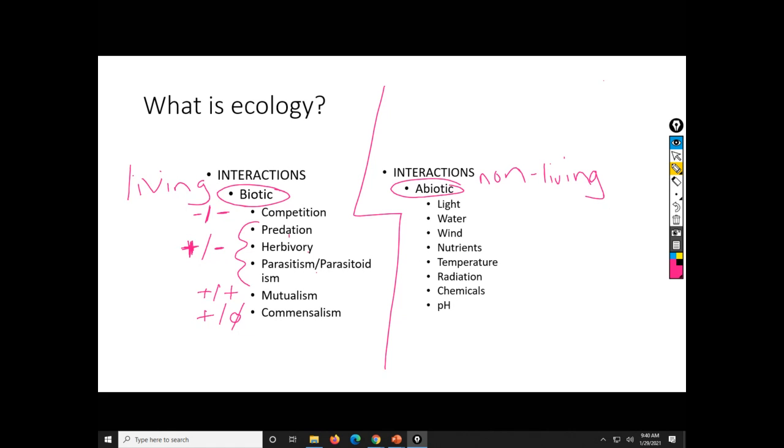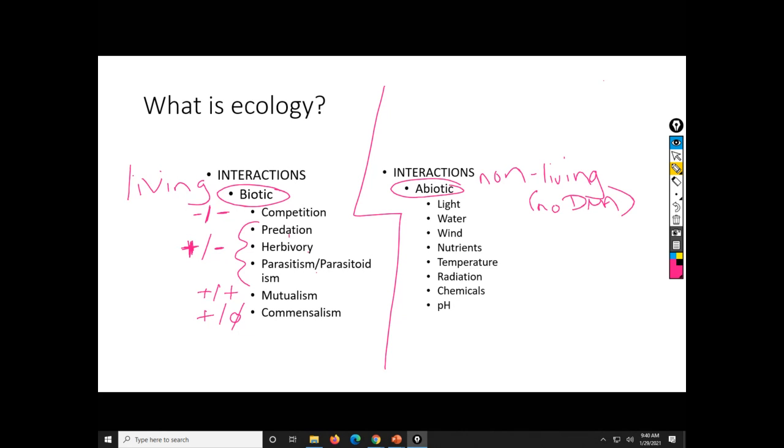This isn't a fallen tree that's decaying or any of that sort of stuff. This is stuff that was never alive. Okay, contains no DNA. That's a good way to kind of think about it.